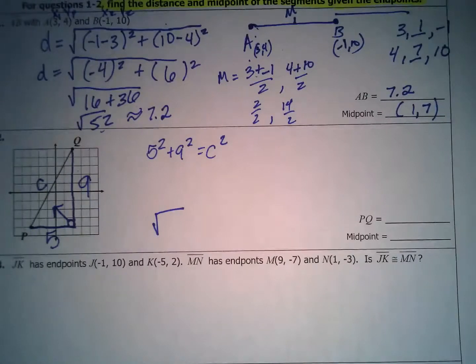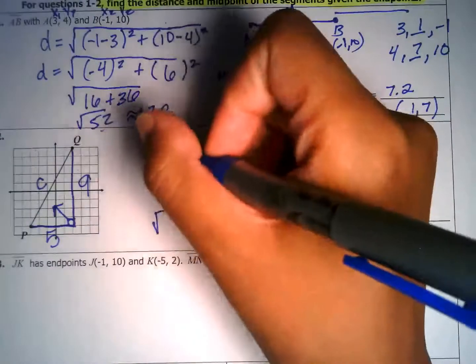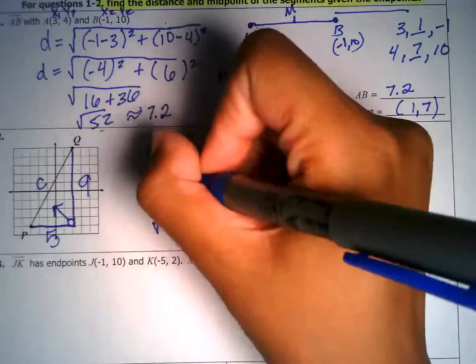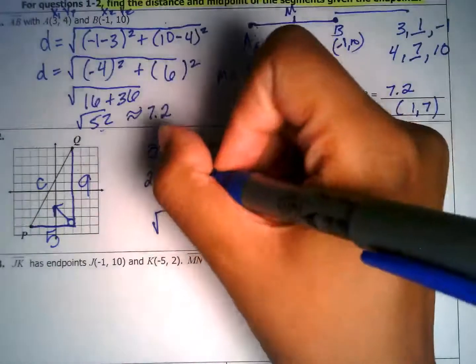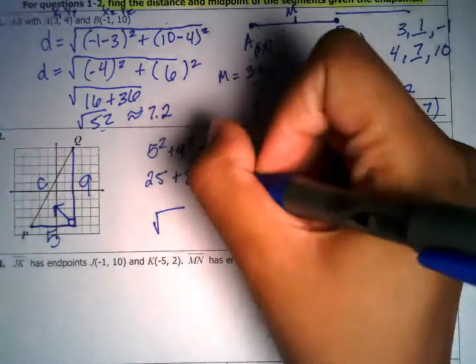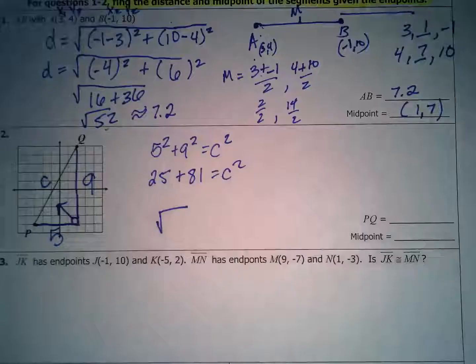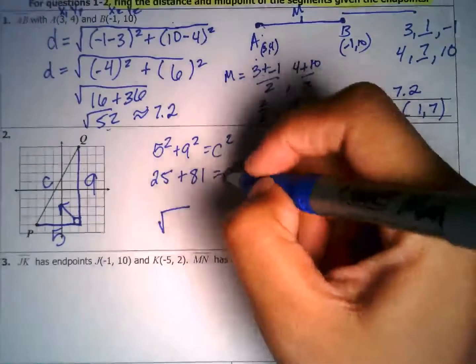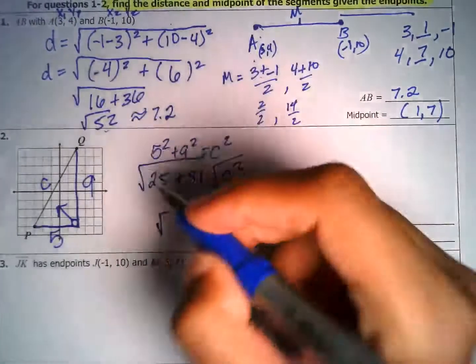I see 10.3. Is that correct? Let's see. So that becomes 25 plus 81. You agree? If you don't agree, type stop. What I do here is take the square root of both sides.